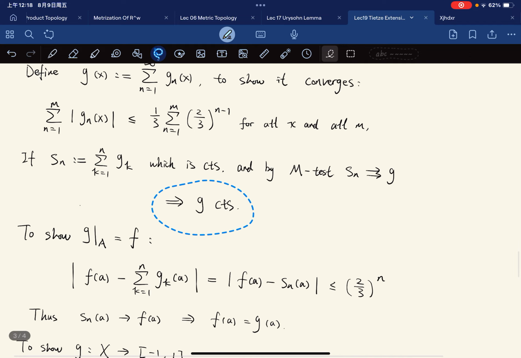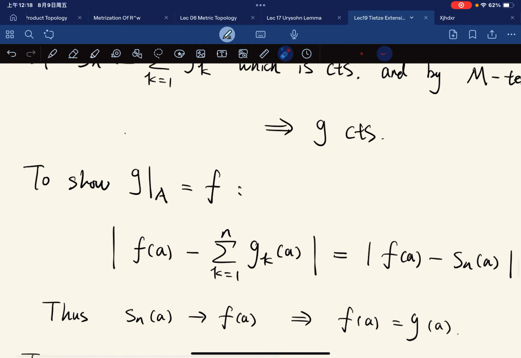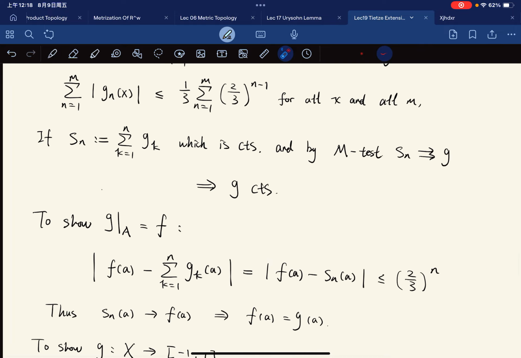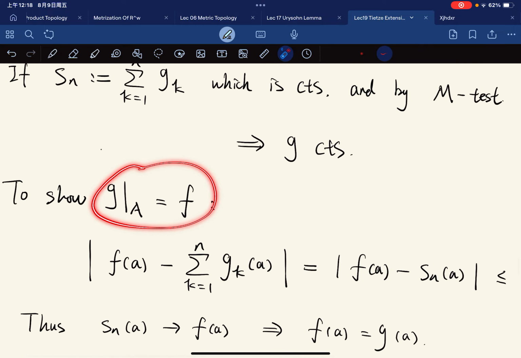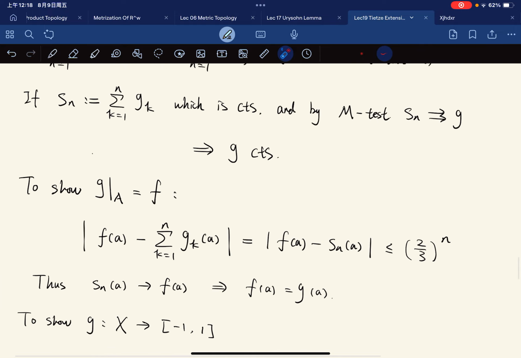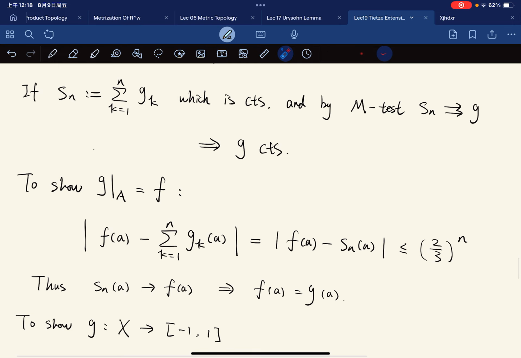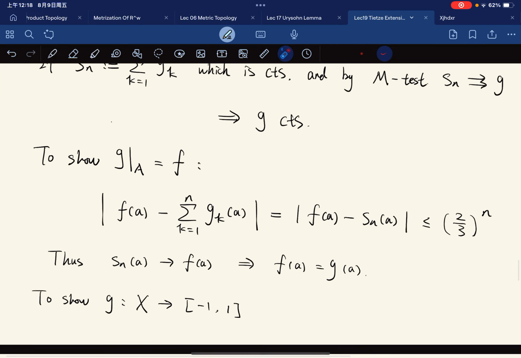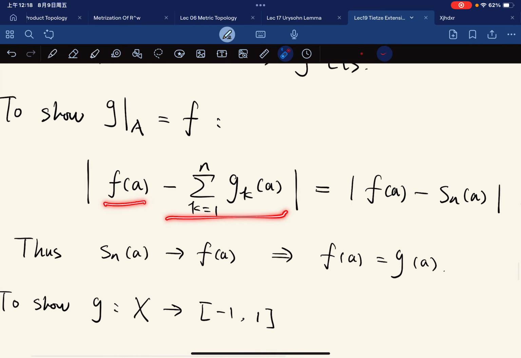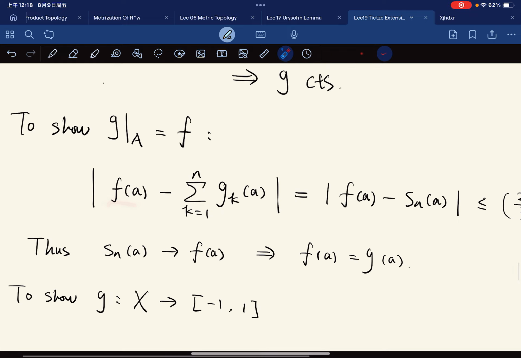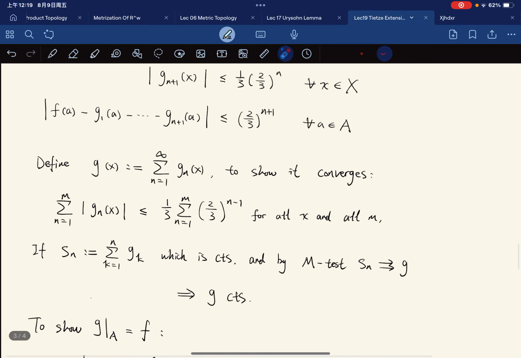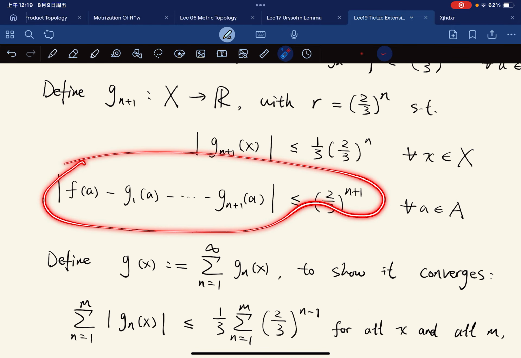And now we want to see that g restricted to A is equal to f. Well, f(a) and Sn(a) differ by at most the bound from our definition here.